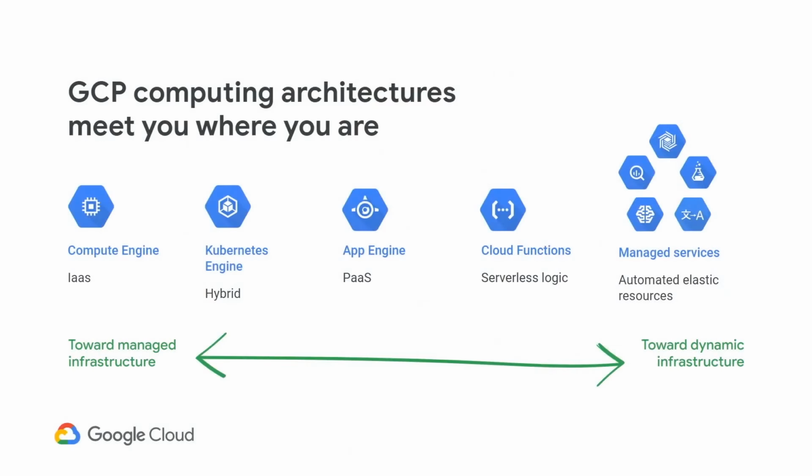Now, as we move from the left to the right, we see compute, VMs. Kubernetes is complex container orchestration. App Engine is deploy either a single container or deploy just straight code: Python, PHP, Go, Java applications directly on Google and ask them to do that. And then Cloud Functions is function-based programming.